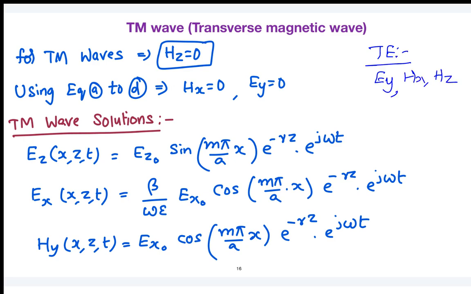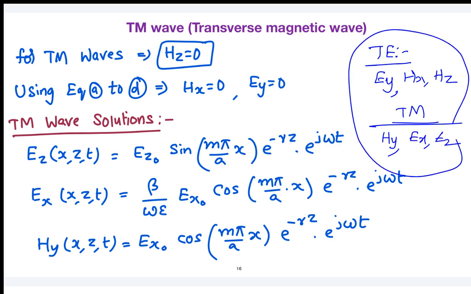And in transverse magnetic, your magnetic field lies in Y direction and your electric field lies in X and Z direction. This is the only point you need to remember. The rest of the mathematics is required if you want to go for other things, but for the GATE, it is not required.